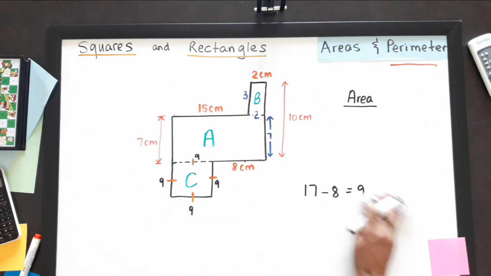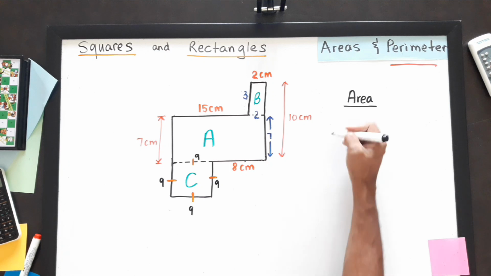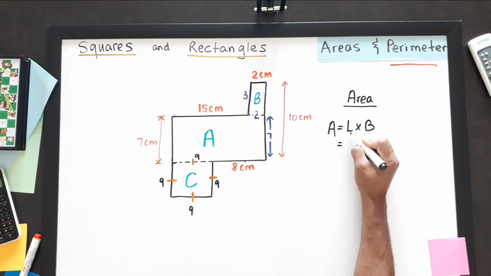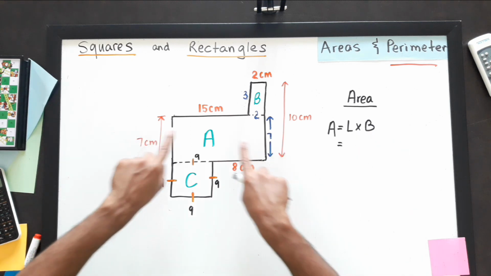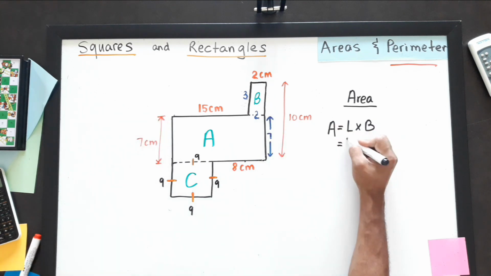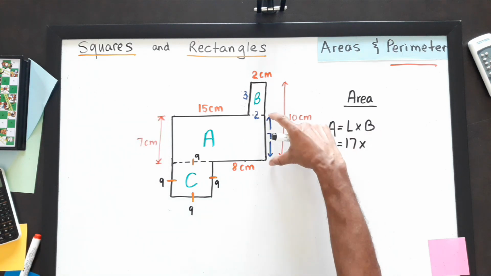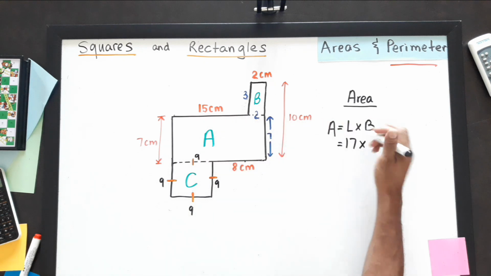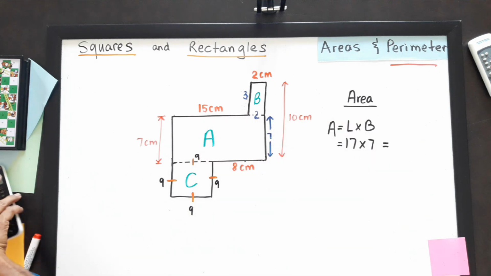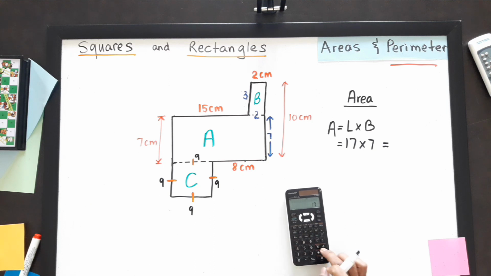Alright, so let's find the area of A, B, and C. For area of A, it is length by breadth. So the length, don't be fooled, the length is 17. From here to here is 17. And the breadth is 7. Alright, so let's multiply that here. 17 multiplied by 7.